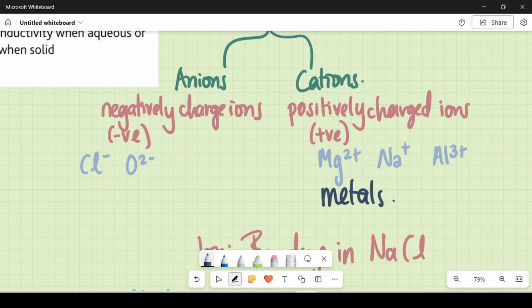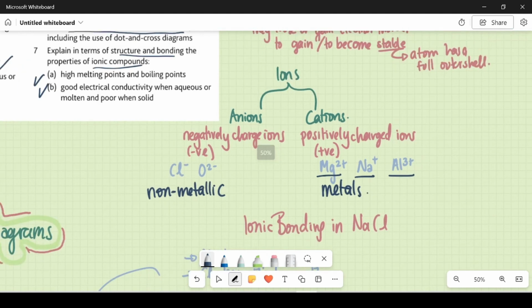So magnesium we know is a metal, sodium is a metal, aluminum is a metal. They are all very commonly metals. And our anions usually tend to be non-metallic. So an ionic bond essentially happens between a non-metallic and a metallic element.